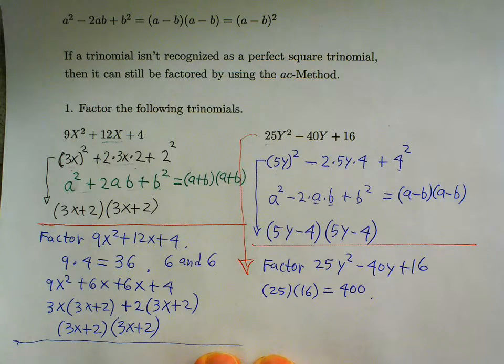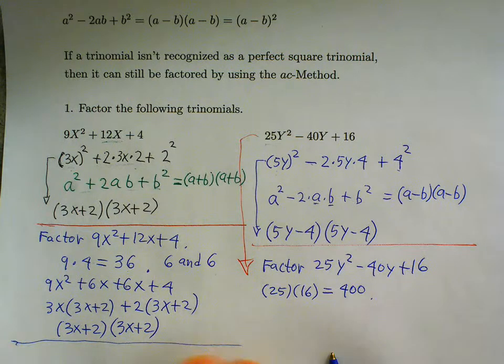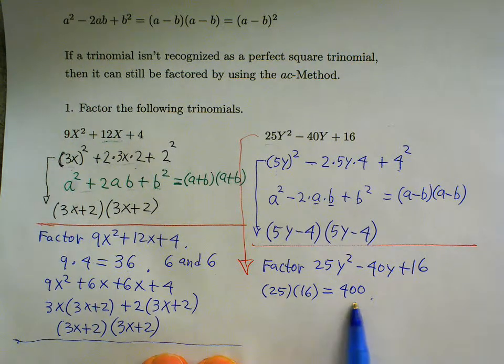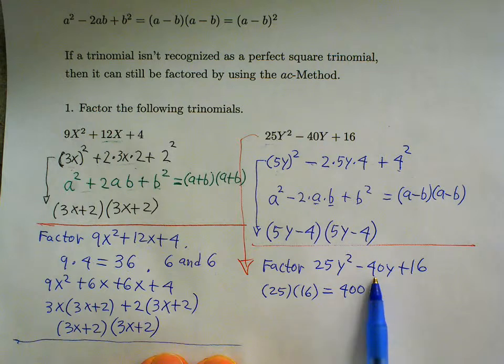So go ahead and type it in. Two numbers that have a product of 400 and a sum of negative 40.